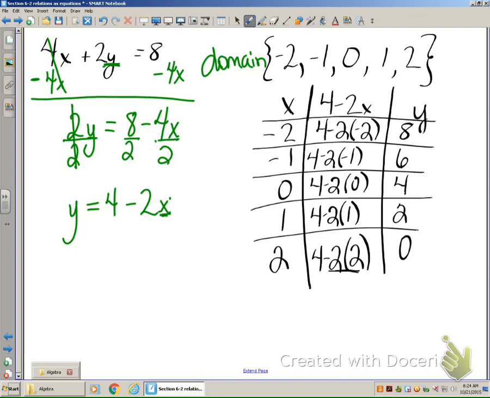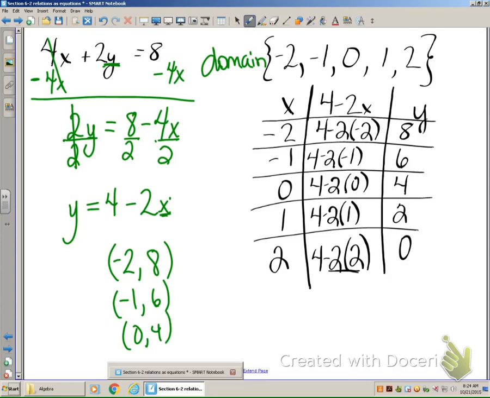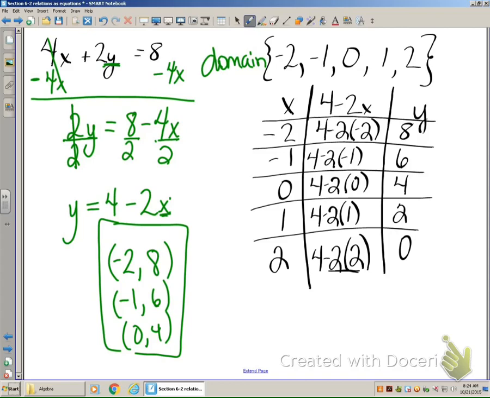Plug in 2, 2 times 2 is 4, 4 minus 4 is 0. So I end up with a set of ordered pairs, -2, 8, -1, 6, 0, 4, and I could keep on going down the list. And this set of ordered pairs is called a relation. Anytime I have a set of ordered pairs, back to our vocabulary, it is called a relation.